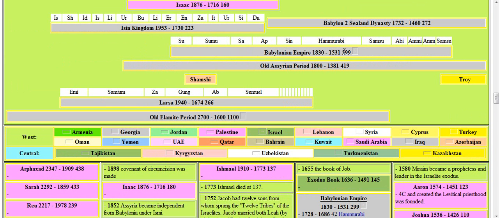It lasted 299 years from 1830 to 1531 BC, and these are all the different kings that they had. It's just a handful of kings. The last emperor's grandfather's grandfather was Hammurabi, and Hammurabi's grandfather's grandfather was the son of the very first king.